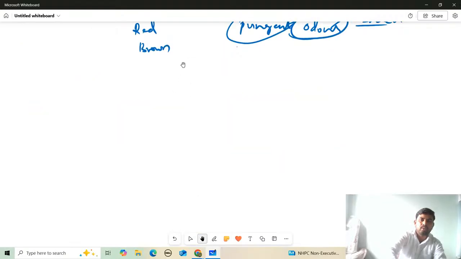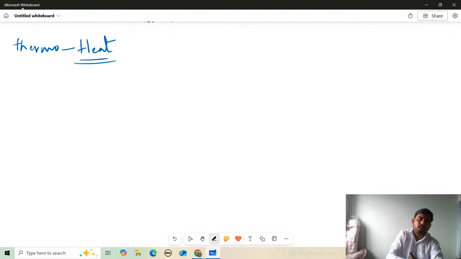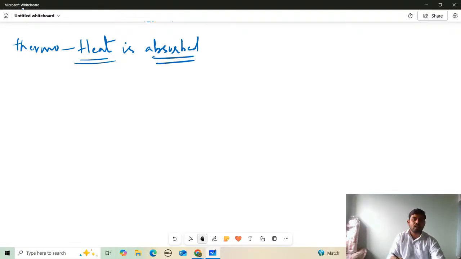Remember, thermo means heat energy. So a chemical reaction taking place by the absorption of heat is a thermal decomposition reaction.